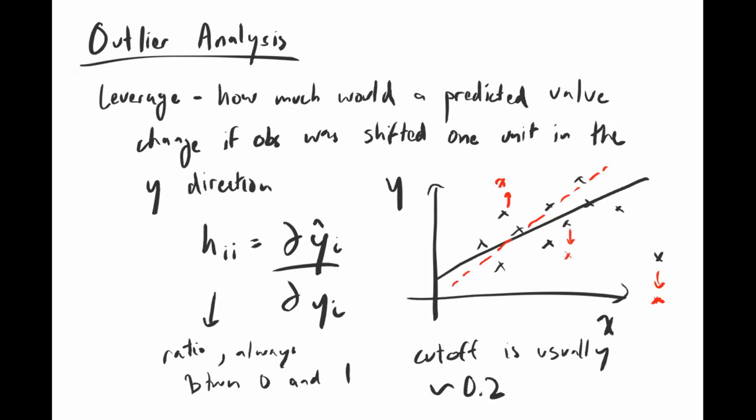The farther out along the boundaries of your explanatory variable you are, the stronger effect it has on influencing the general fit of the model.